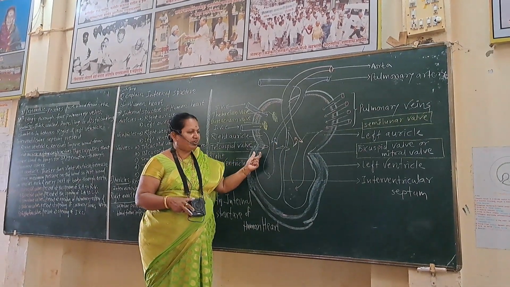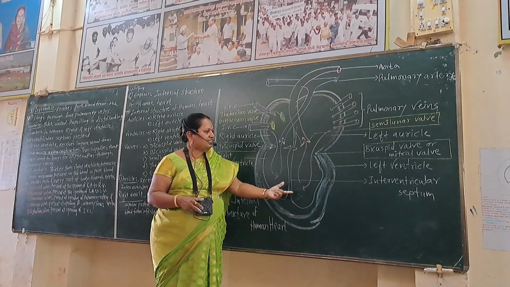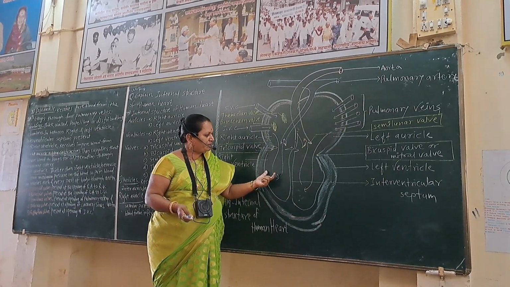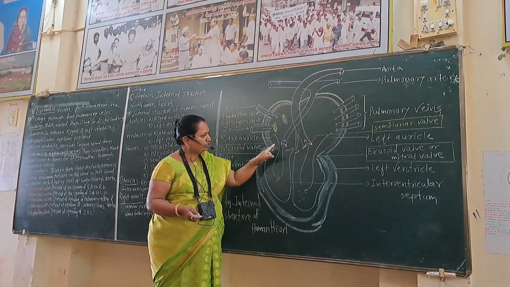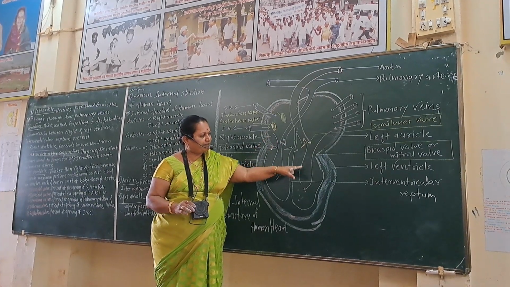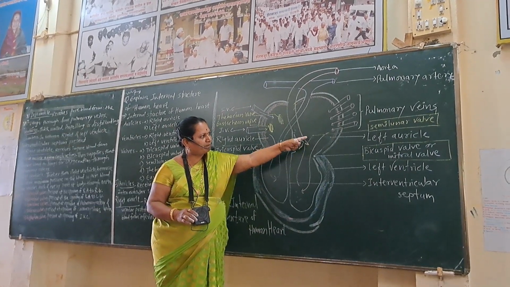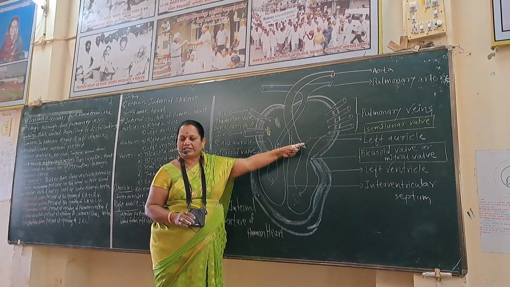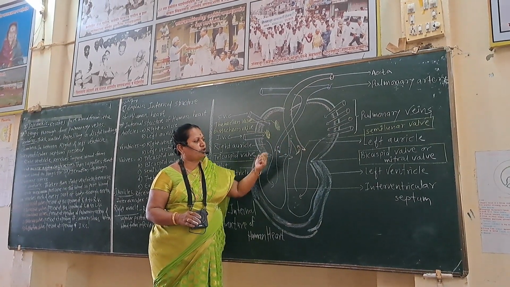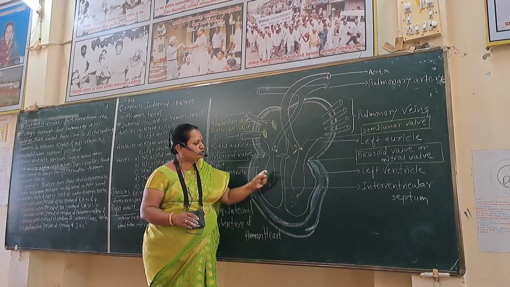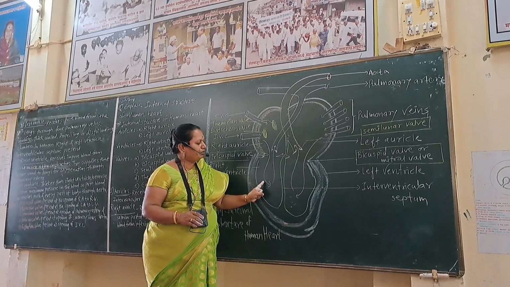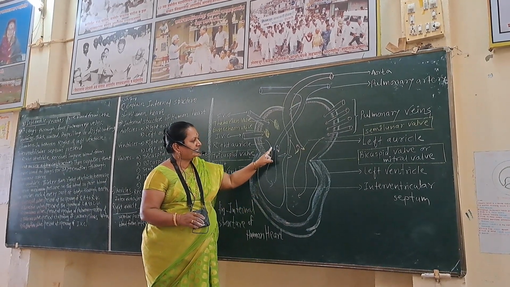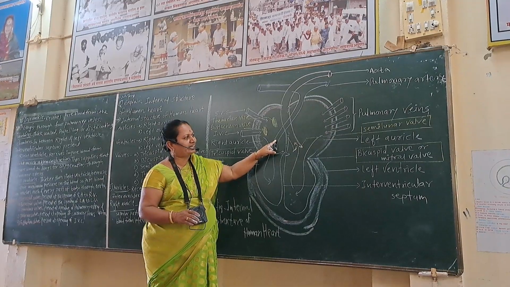Then next, ventricles. Ventricles are propelling or distributing chambers because right ventricle receives impure blood from right auricle, and left ventricle receives pure blood from left auricle after contraction of these 2 auricles. When the blood enters the ventricles, the impure blood from the ventricle enters only the pulmonary artery.